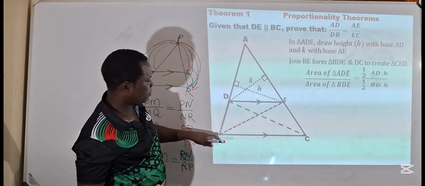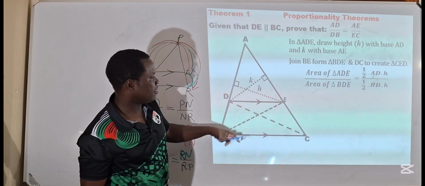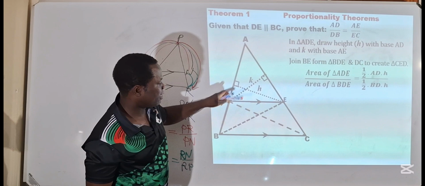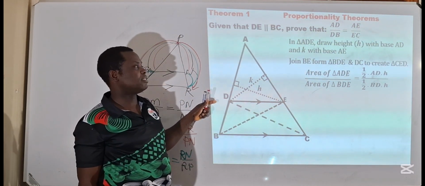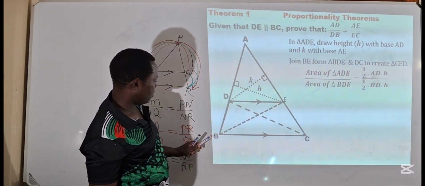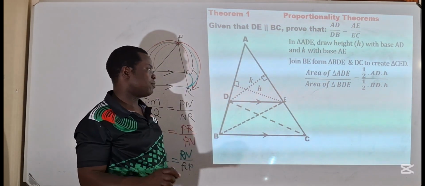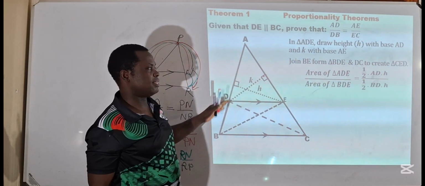Then the triangle BDE, now this is an obtuse angle triangle. So the height of triangle BDE is H, and the base of the triangle is from B to D, which in other words means the two triangles ADE and BDE are using the same height H, and their bases are on the same line.